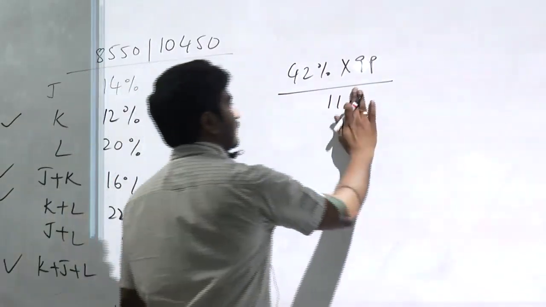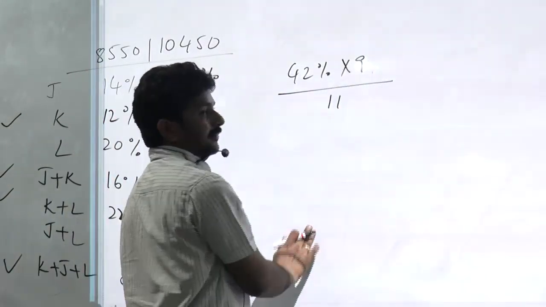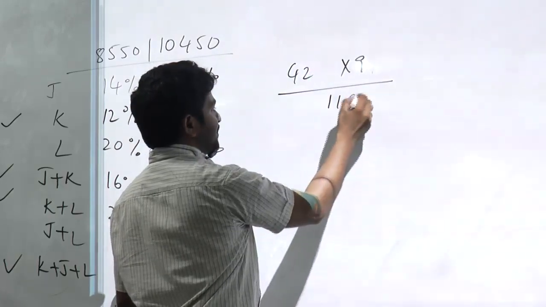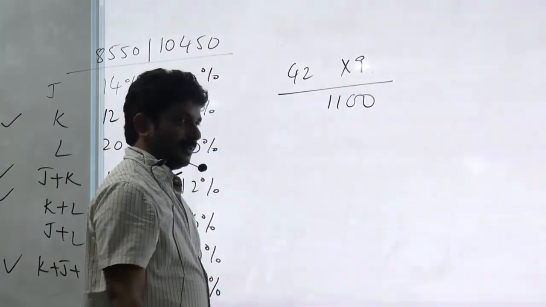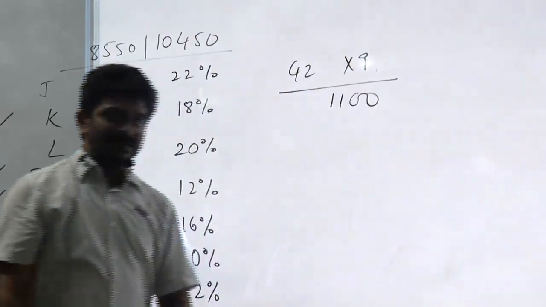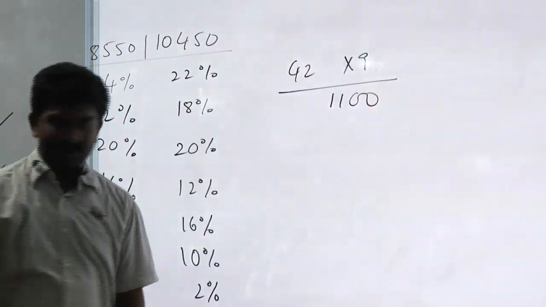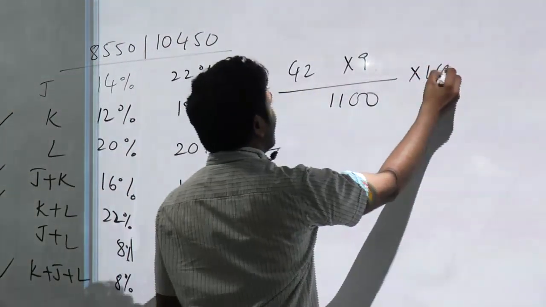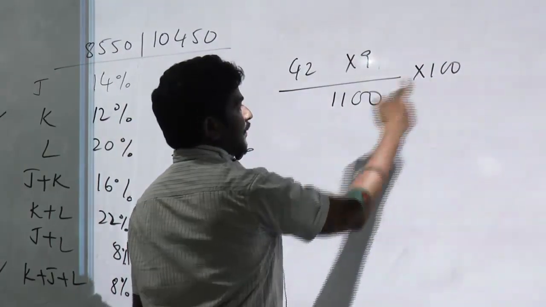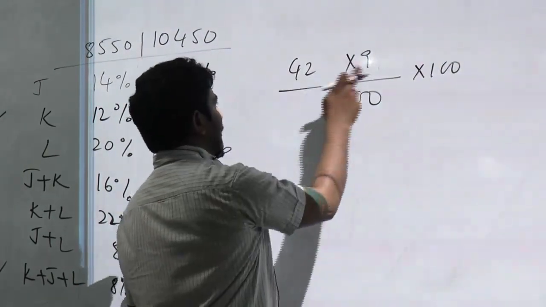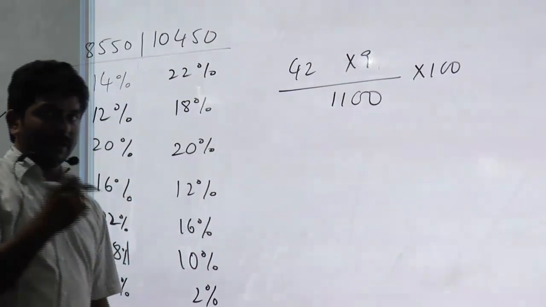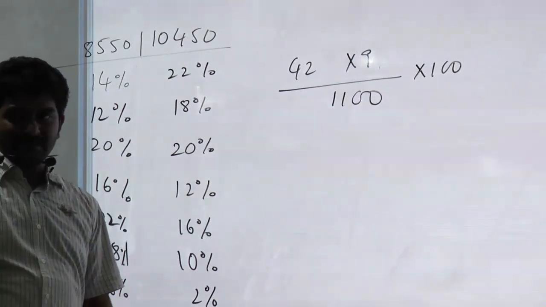Right. P gets cancelled. Percentage, so it becomes 100. When you remove percentage symbol, you need to divide number with 100, right? Percentage into 100. Cancel. 42 to 9 times is 42 to 10 times minus 42.